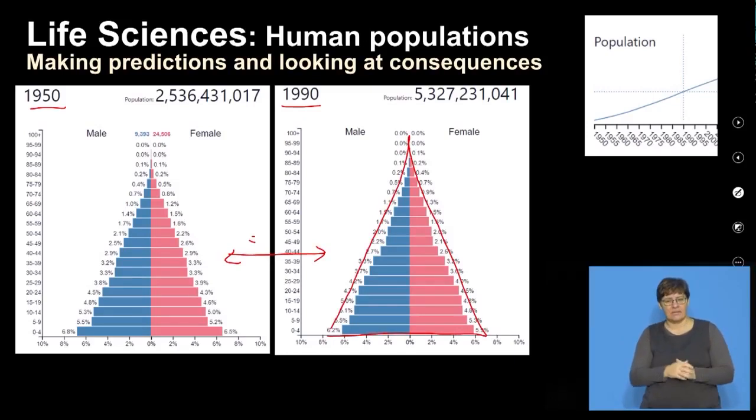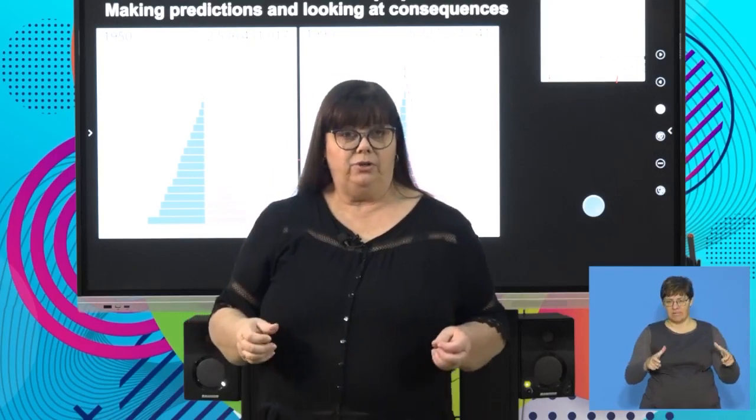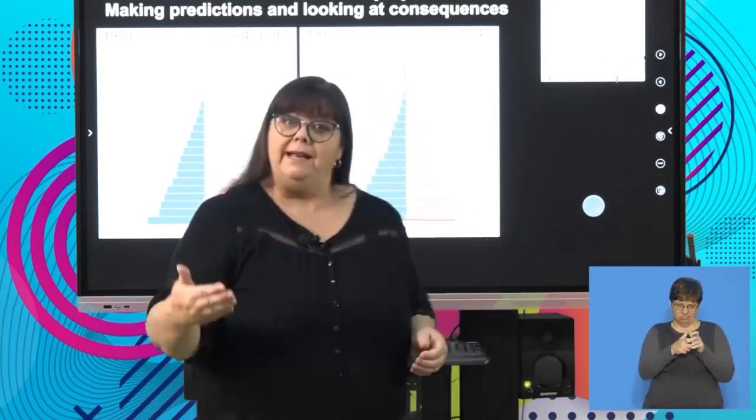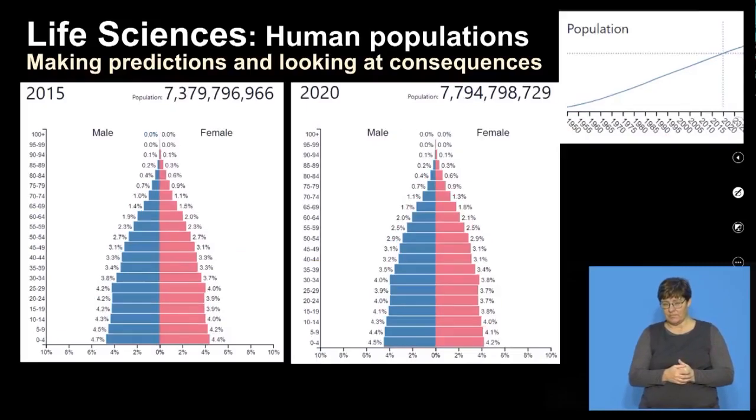And so if we put this onto a line graph, we'd see starting 1950, going up to 1990, exactly as the age gender distribution indicates, we see an expansion in the South African human population. Let's take it a little bit further forward. Let's now go to 2015 and compare that with 2020.